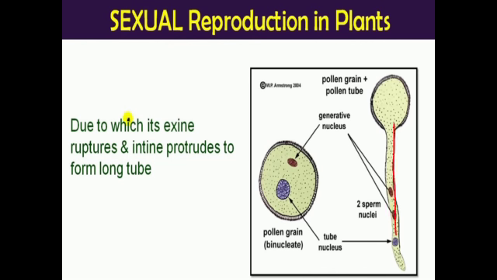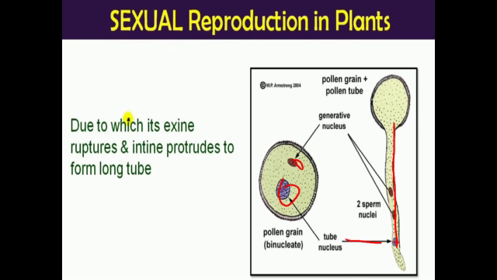This way it forms a long tube, and these are the two sperm nuclei, and this is the tube nucleus. The tube nucleus is present in the pollen grain over here, and these are the generative nuclei, two generative nuclei are there.